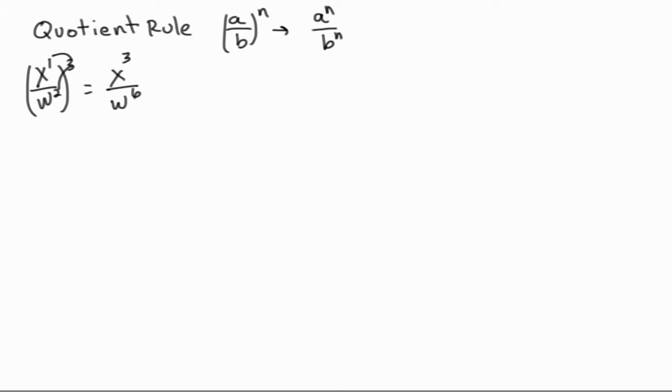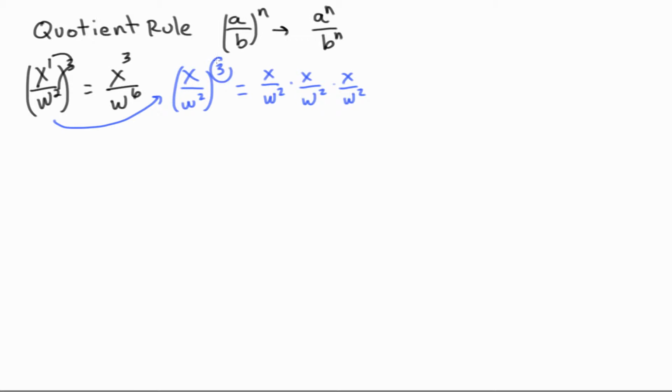Another way you can do this is by looking at it, right? I'm going to rewrite it. And you can say to yourself, hey, how many factors of this fraction do I have? I have 3 of them. Okay, fine. So what I can do is I can write out this fraction 3 times.